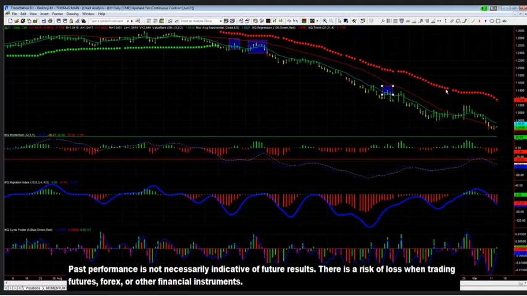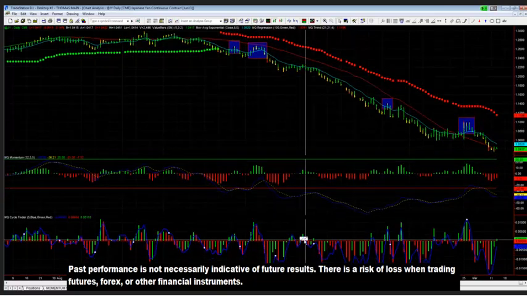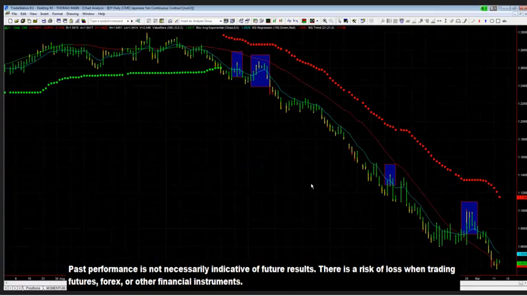Here is an overvalued entry point. Here's an overvalued entry point, and the trend is still down. So again, you can use it in all the markets on whatever time frame you want. The strategy stays the same. You just have to remember that on the longer time frame, the risk is going to be more because you're risking beyond the high.